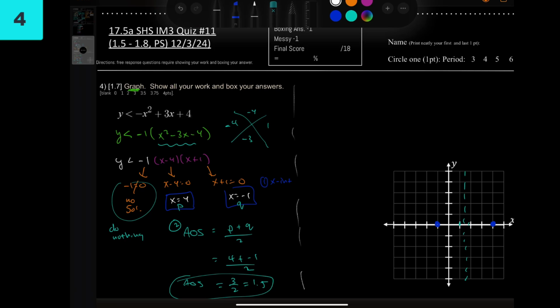Okay, so let's put that function back in. 1.5 or 3/2 into the function. Okay, so that's going to become 2.25. That is 4.5 plus 4.